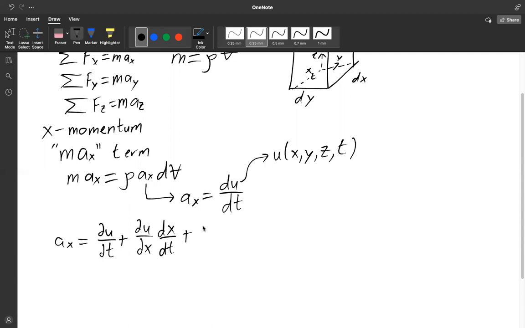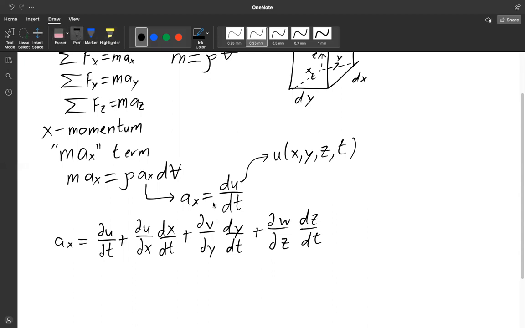Looking at dx dt, dy dt, and dz dt, the change in position with respect to time is velocity. For dx dt, it's u.